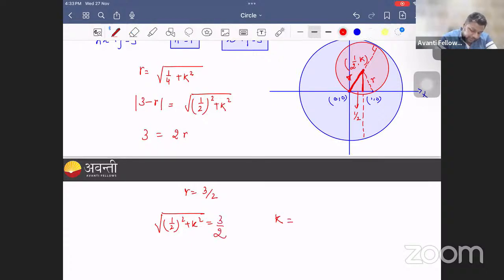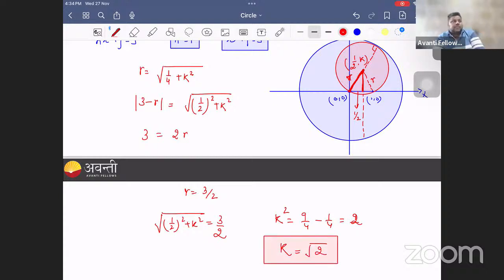So k square equals 9 by 4 minus 1 by 4, that is 2. This is your k square. So k equals under root of 2. K equals under root of 2.